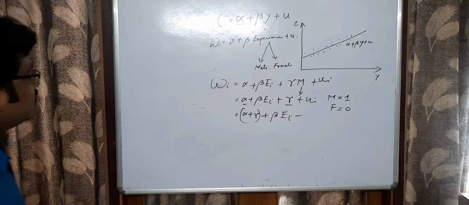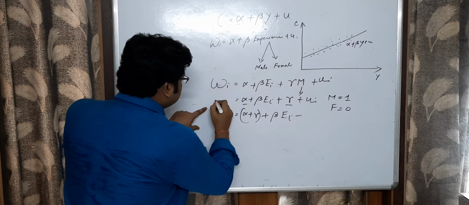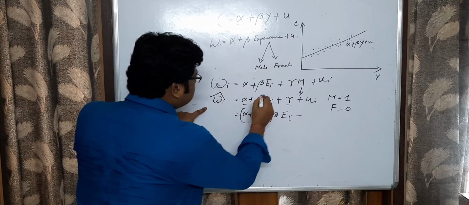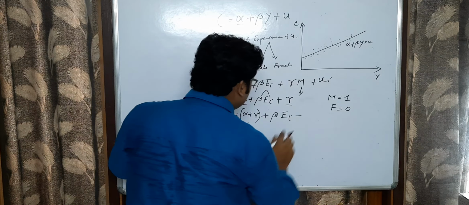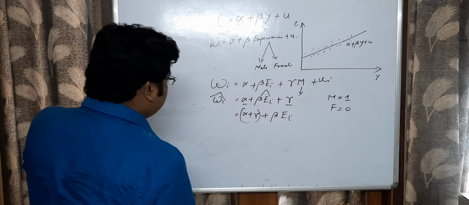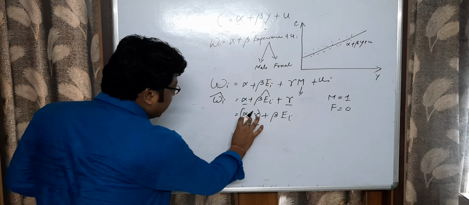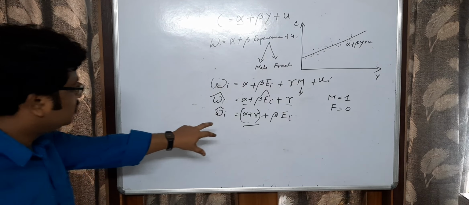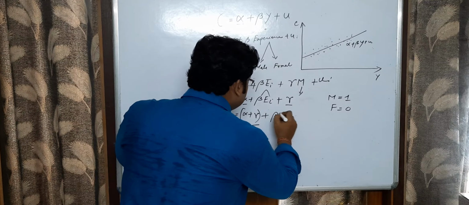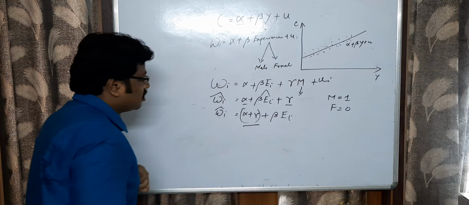If we take the expectation of these, expected Wi, the ui is not there, so Ei. Then look here, the intercept has been changed.